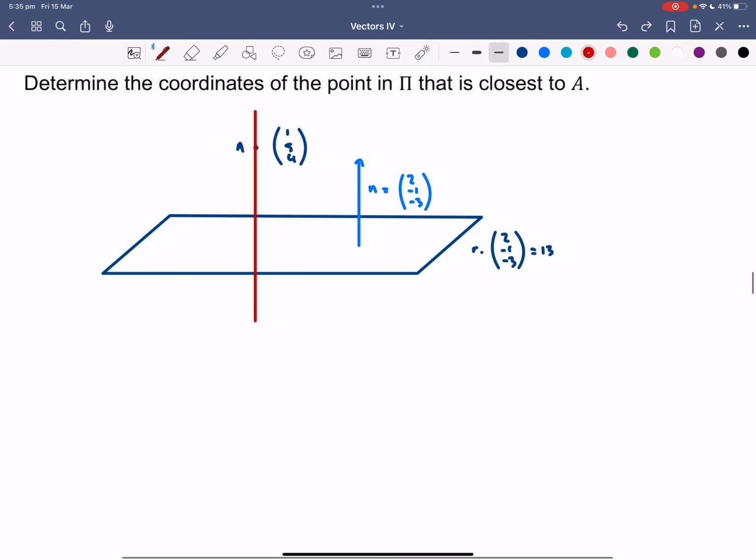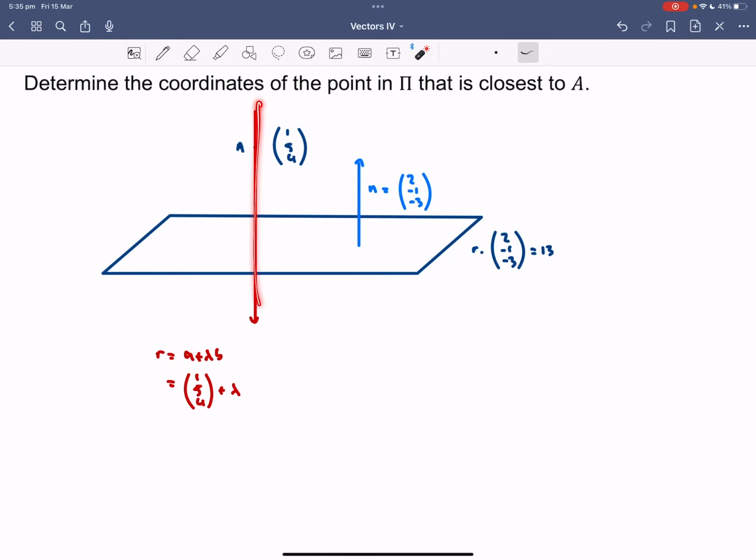So what is the vector equation of the line that I've just created? Now remember, vector equations of all lines are A plus lambda B. So A is a point on the line, which we can say is (1, 5, 4), plus lambda times B, a vector parallel to the line. Now the normal is parallel to the line. I know that it's in the other direction, but it doesn't matter.